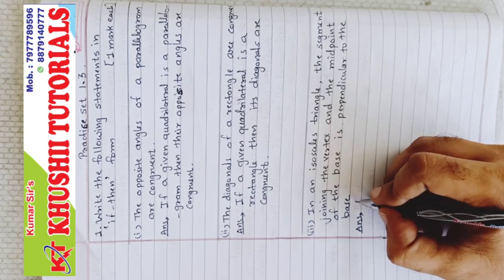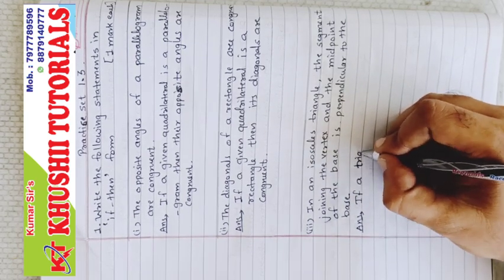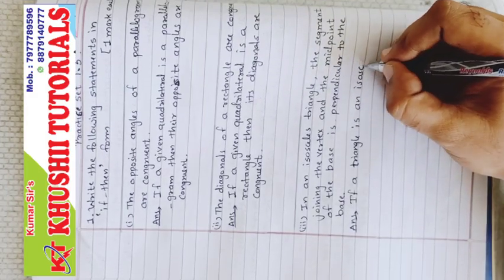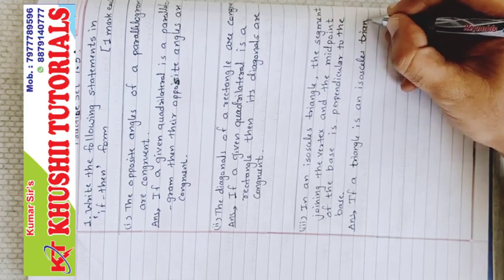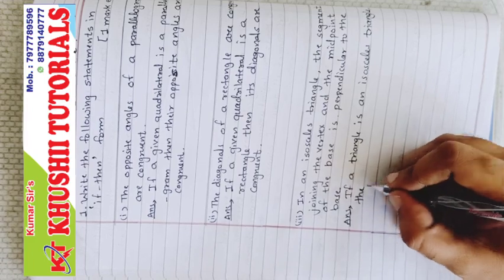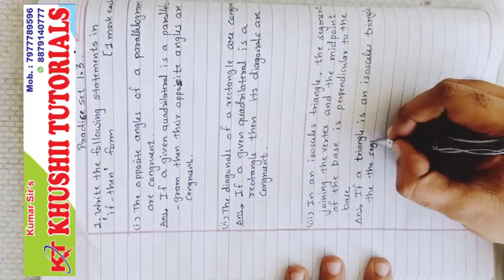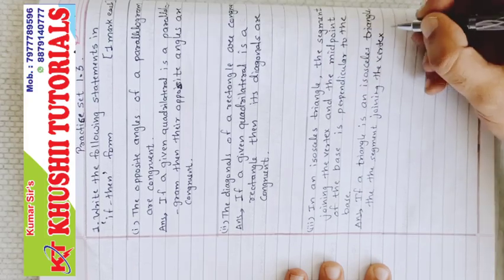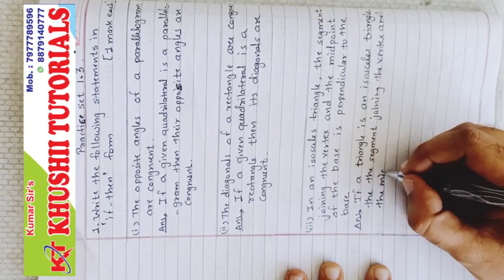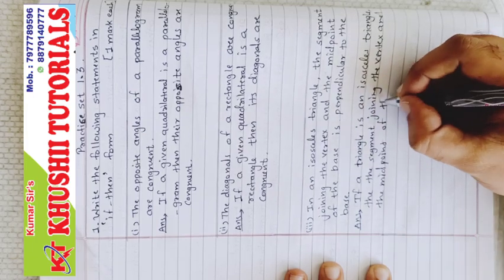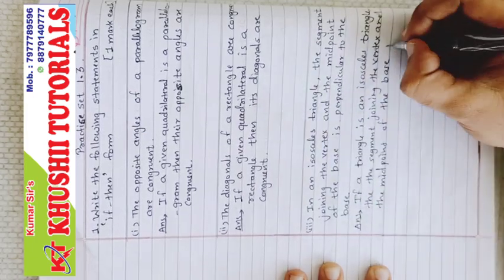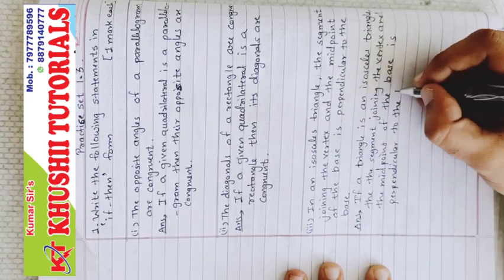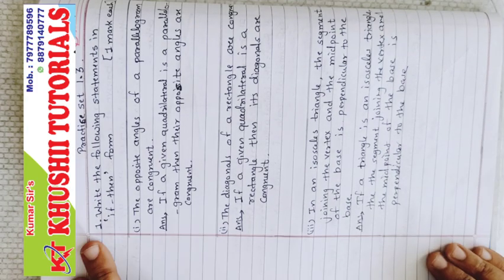Answer: if a triangle is an isosceles triangle, then the segment joining the vertex and the midpoint of the base is perpendicular to the base. And this is the end of the first sum of exercise 1.3.